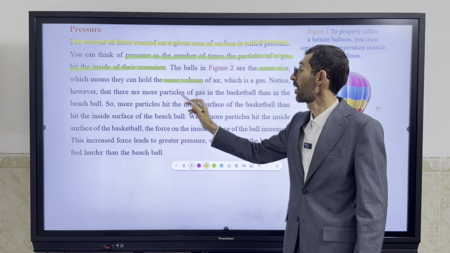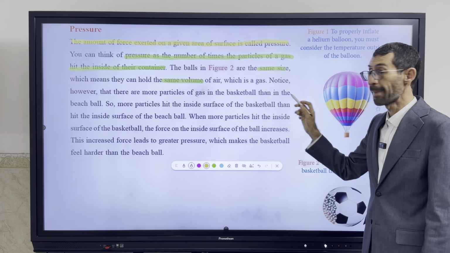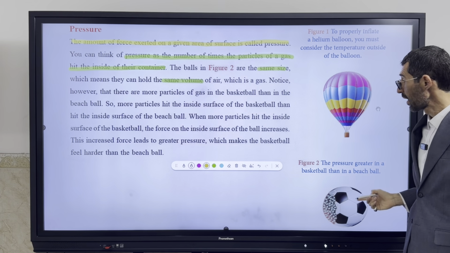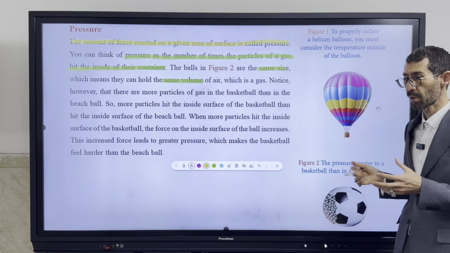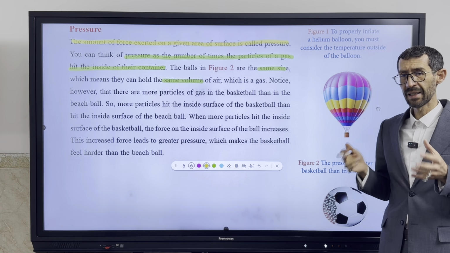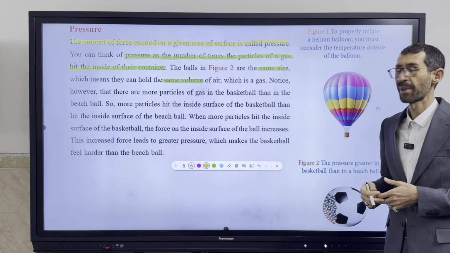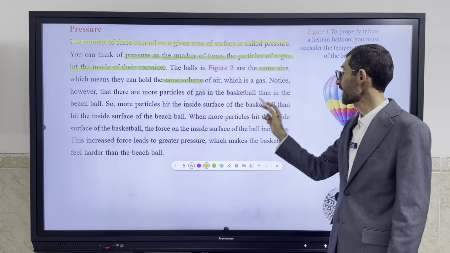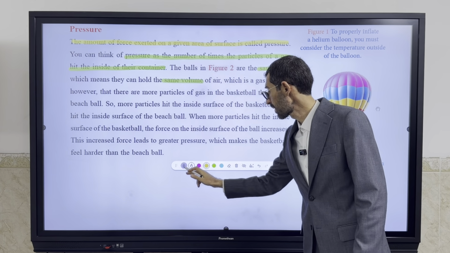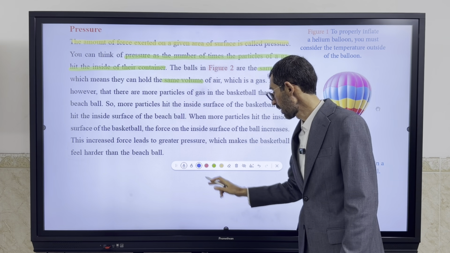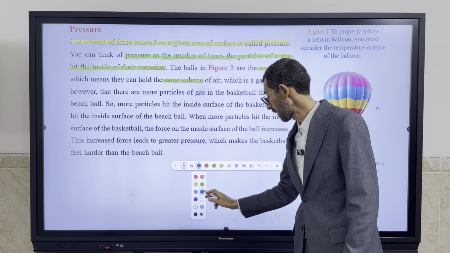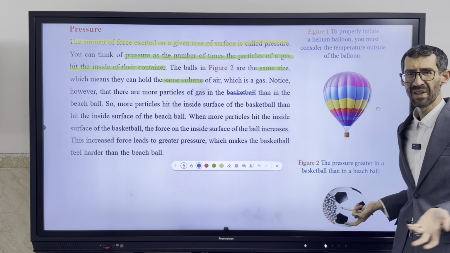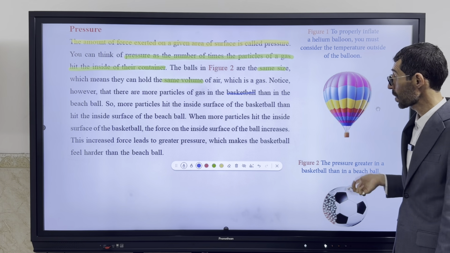Notice, however, there are more particles of gas in the basketball. Actually, it's not a basketball. We have a football versus a beach ball. The figure actually shows a football.